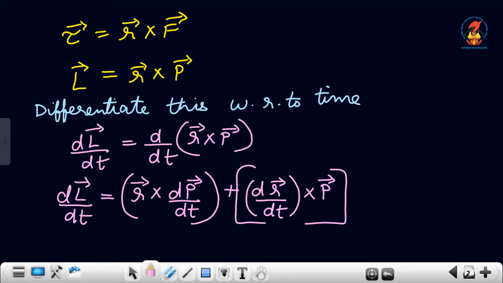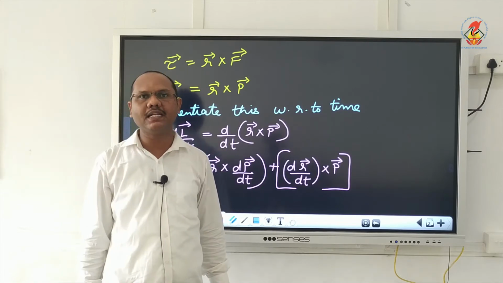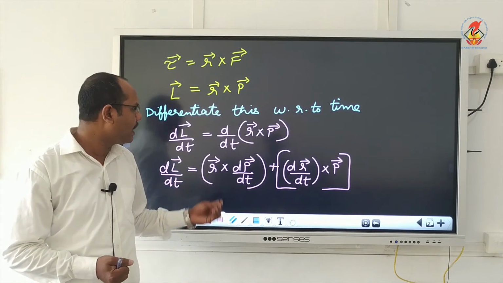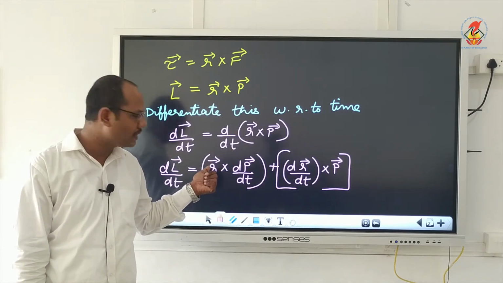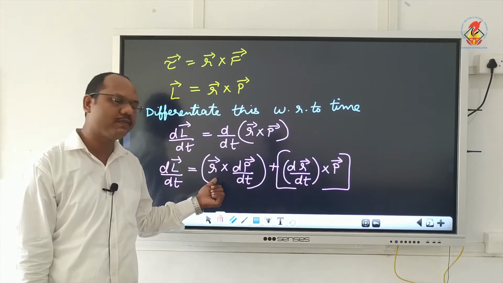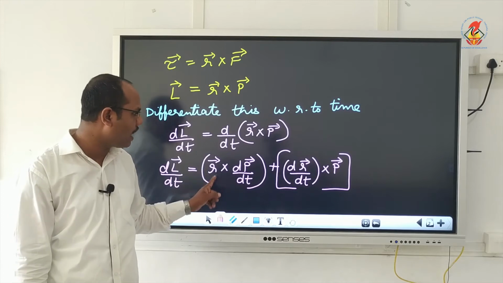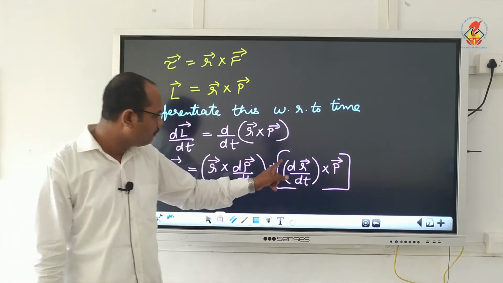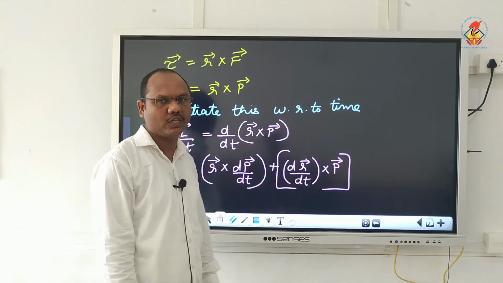So, what I did is, I told here there are two functions r and p. When I differentiate it, I am using a rule which is called the product rule. In that product rule, I take the first function without differentiating and differentiate only the second function, so r cross dp by dt, plus differentiate the first function and take the second function without differentiating.